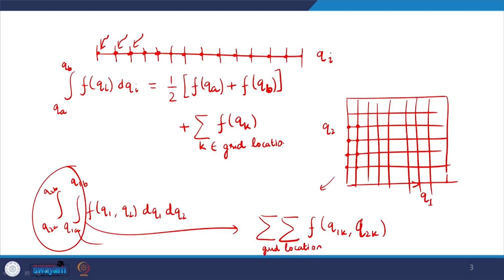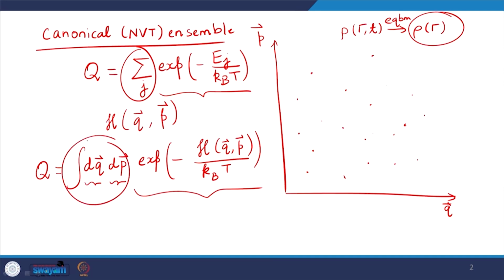So, long story short, let us say for example, if you have n grid points in one dimension for one variable, you will have something like n square grid points when you are doing two variables. Now, let us see, I want to apply it for this integration.